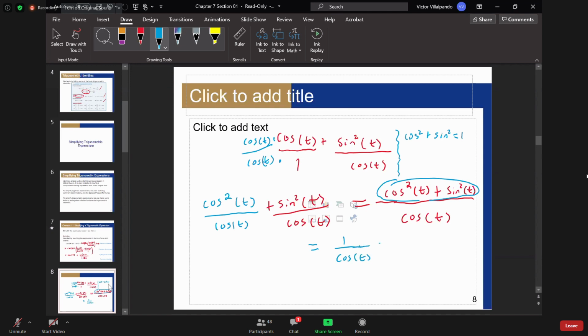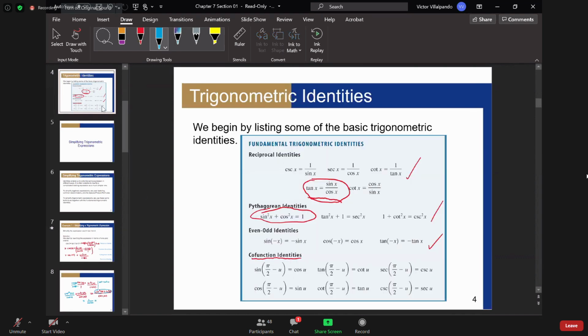And then I can use one more reciprocal identity, and that's 1 over cosine. If you're not familiar with it, 1 over cosine is actually secant. So I'm going to write that 1 over cosine is equal to secant.